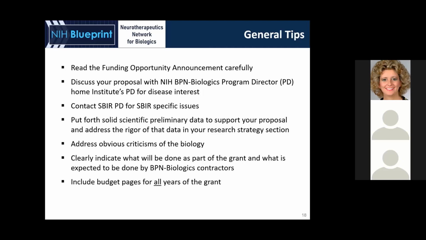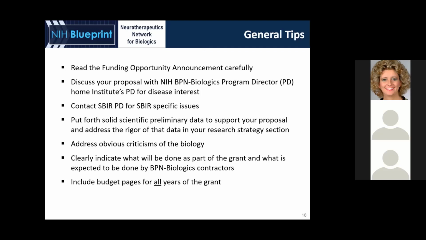Discuss your proposal with the NIH BPN Biologics Program Director, myself, and/or other NIH staff, as well as contacting and discussing it with your home institute's program director for disease interest. If you will be submitting an SBIR, then we will need to have you discuss with the SBIR program director for SBIR-specific issues that must be addressed.